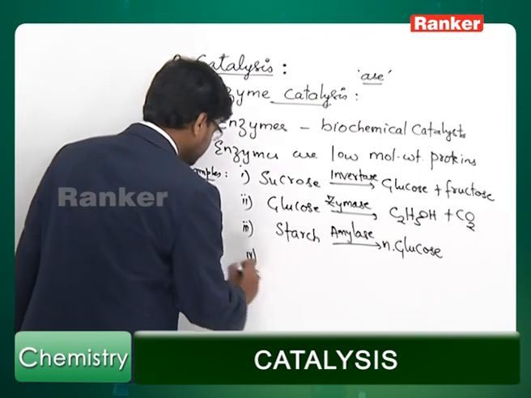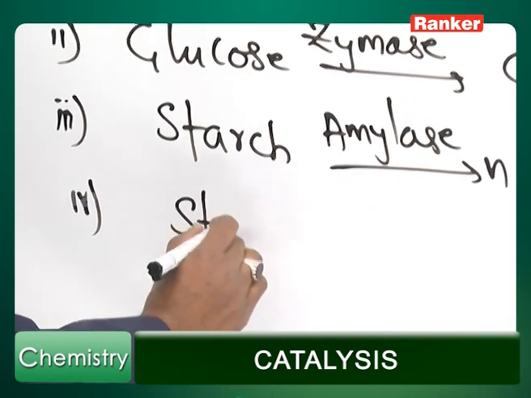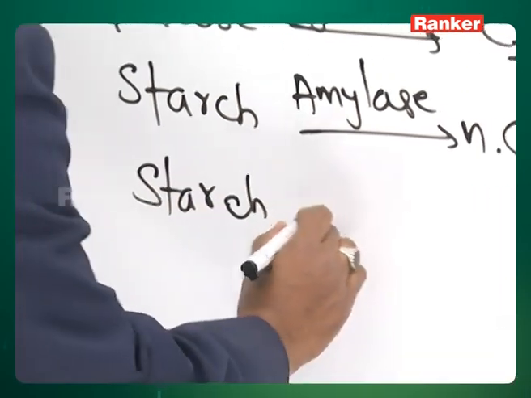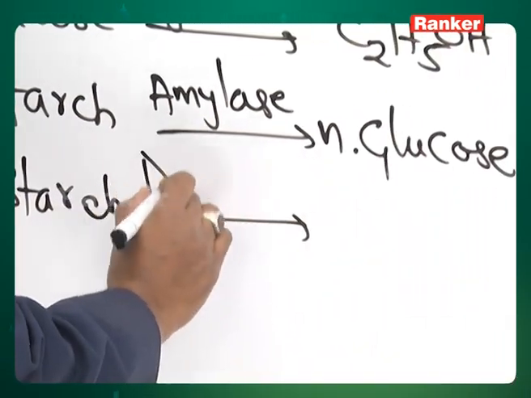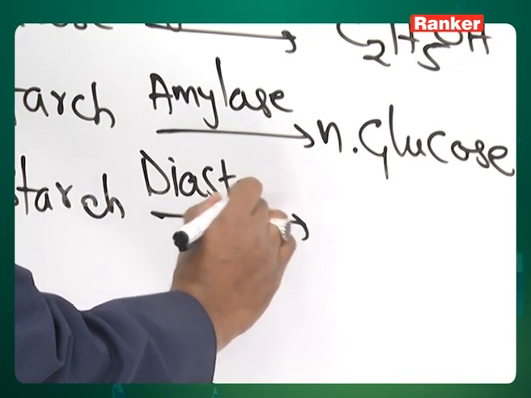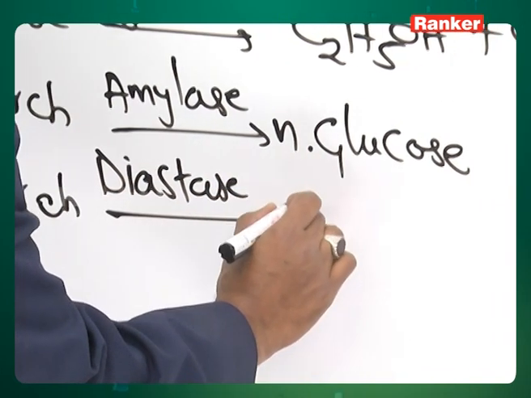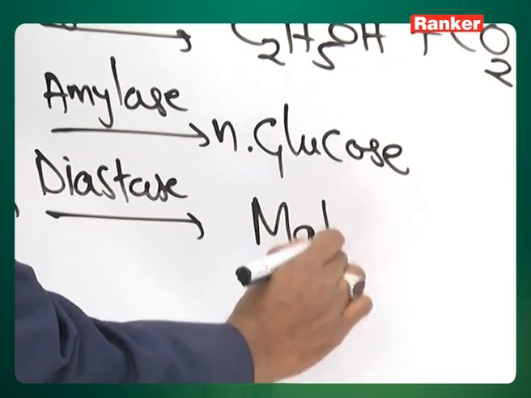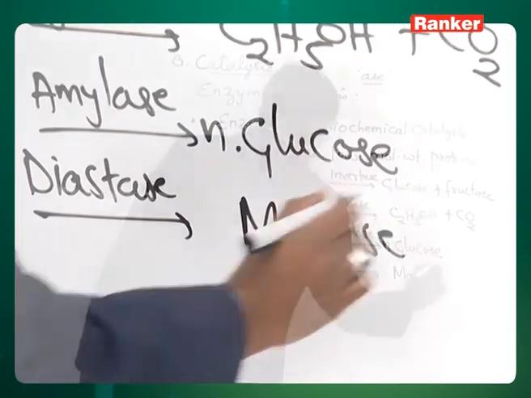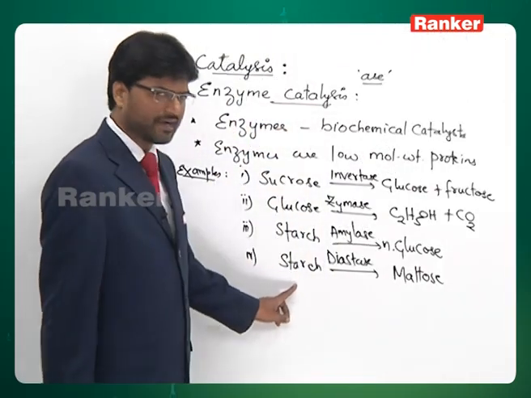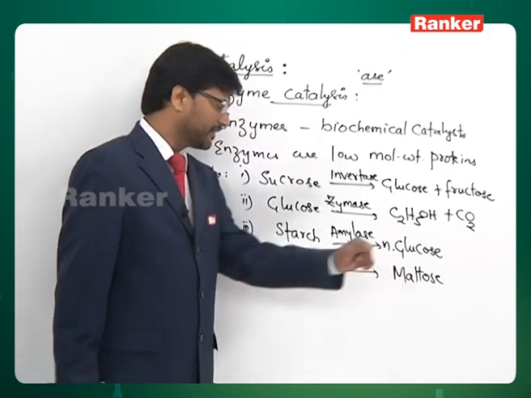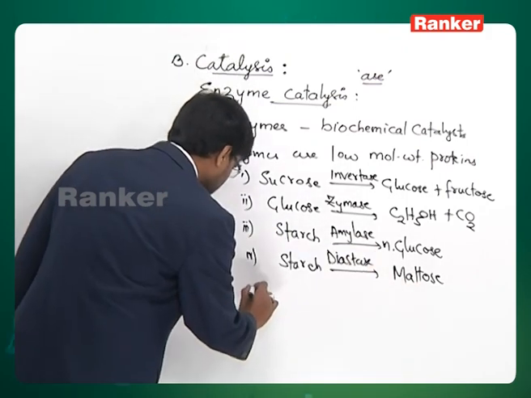Number 4, starch. In the presence of an enzyme called diastase, it breaks up into maltose units. Starch is a polysaccharide and maltose is a disaccharide. I'll give another example.